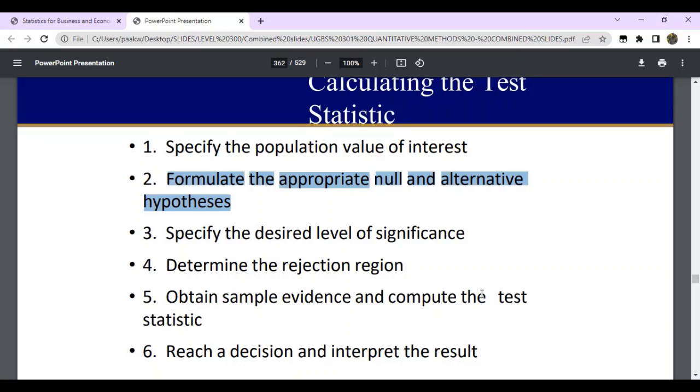Among the population, you pick a sample, you get it as evidence, and you compute the test. Sixth, reach a decision and interpret the results. This is where our decision rule comes in. We have a decision rule for upper tail, for lower tail, and for two tail test.